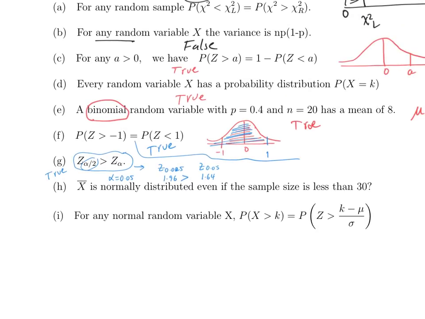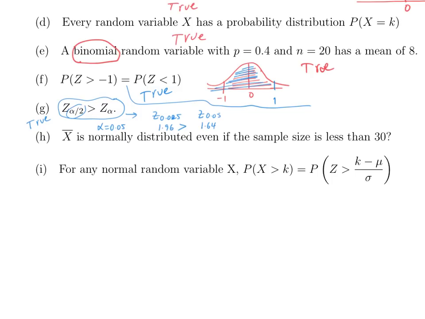Part H says X is normally distributed even if the sample size is less than 30. That's not true, because if it doesn't say anywhere the distribution is normal, the central limit theorem requires that n has to be at least 30. So therefore, this is false.